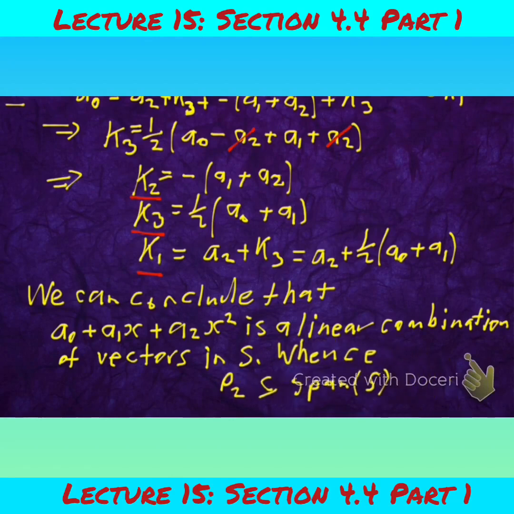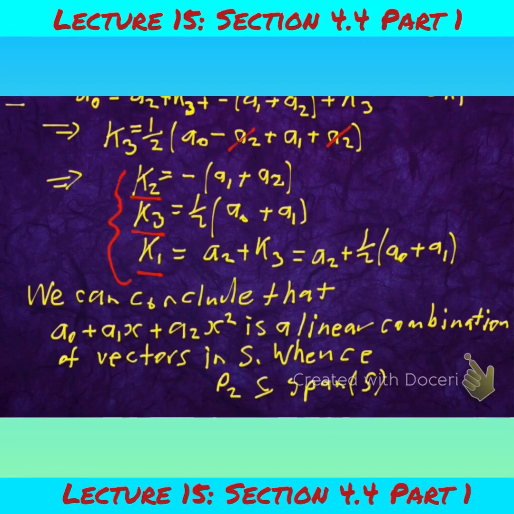So what is the moral of the story? We can therefore say that P2 is contained in the span of S. Because remember now, I have found a solution. I found values for K1, K2, and K3, and it's clearly a valid solution. So I can express any vector in P2 as a linear combination of vectors in S, and the scalars that I need to achieve that, K1, K2, and K3, are given by these values here.